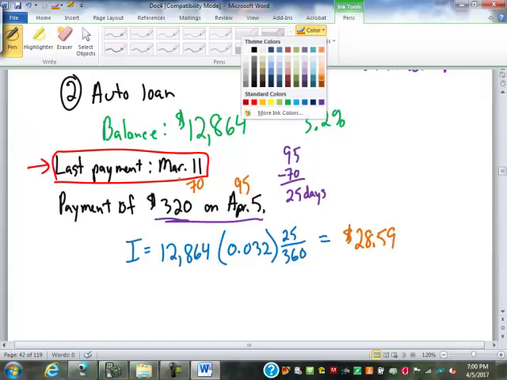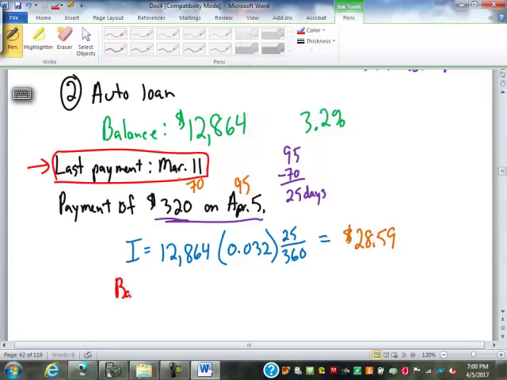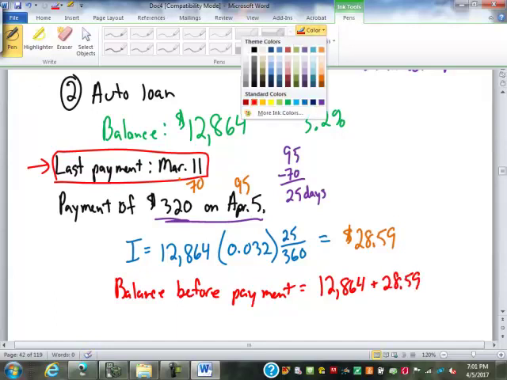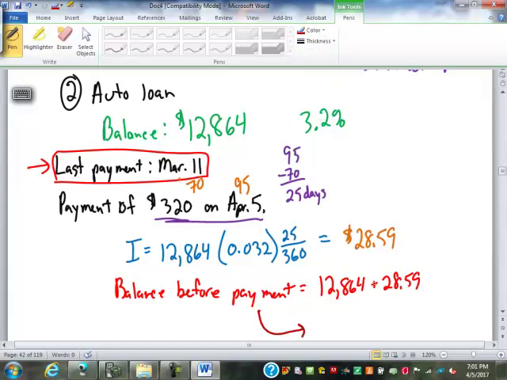So before that payment can be made, we have to update the balance before the payment. That's going to be the 12,864 plus the 28.59, which is going to be $12,892.59.